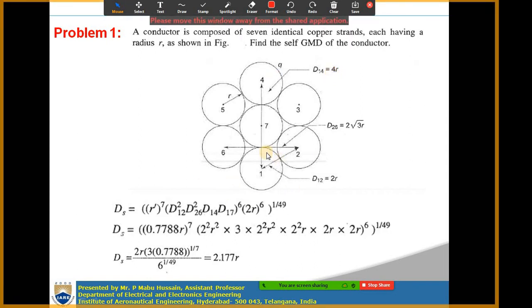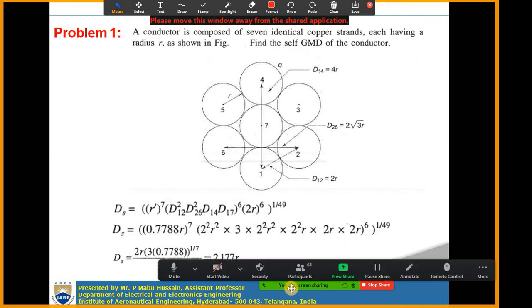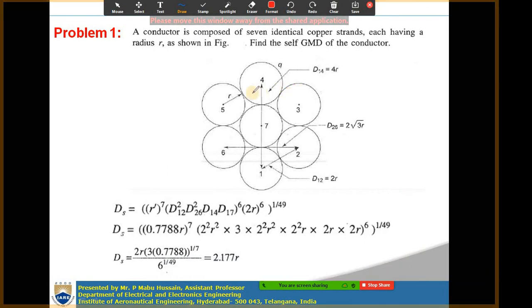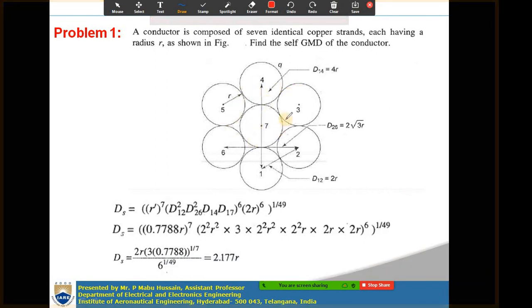Let us see here. Consider a conductor composed of 7 identical copper strands, each having a radius of r as shown in the figure, and find the self GMD. Here they asked only the self GMD. So, how can you determine the self GMD for this conductor? This conductor is having 7 strands.